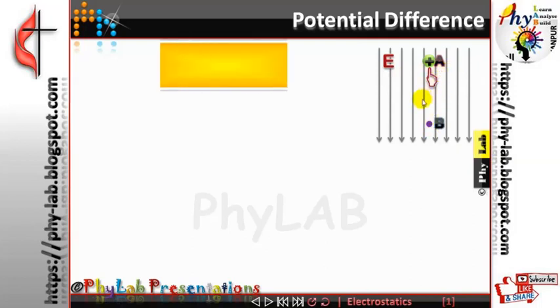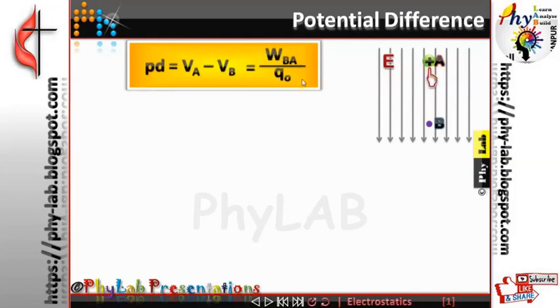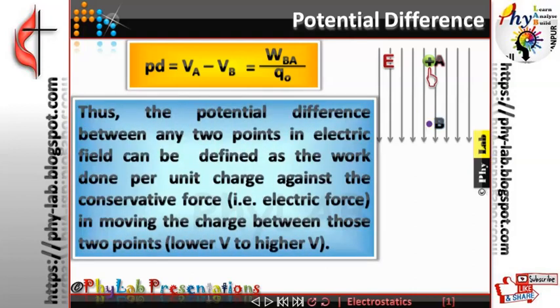So the potential difference between point A and B, VA being at a higher potential minus VB being at a lower potential, so potential difference VA minus VB would be equal to work done per unit charge by the external agent in moving the charge from the lower potential to the region of higher potential, because from a region of higher potential to region of lower potential the charge moves on its own.